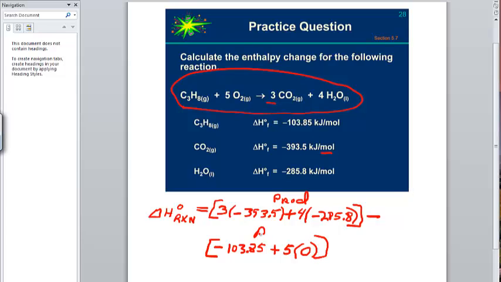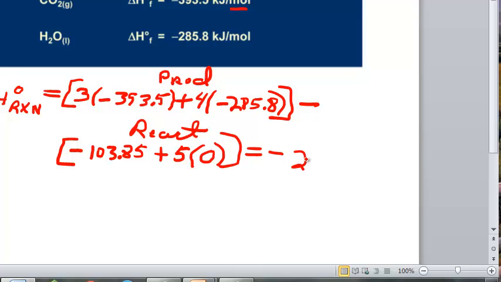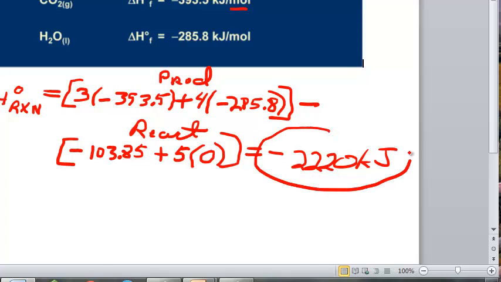These are my reactants. So it's always products minus reactants. And when I add that up, I wind up with minus 2220 kilojoules. So that is my delta H for this reaction under standard conditions, minus 2220.